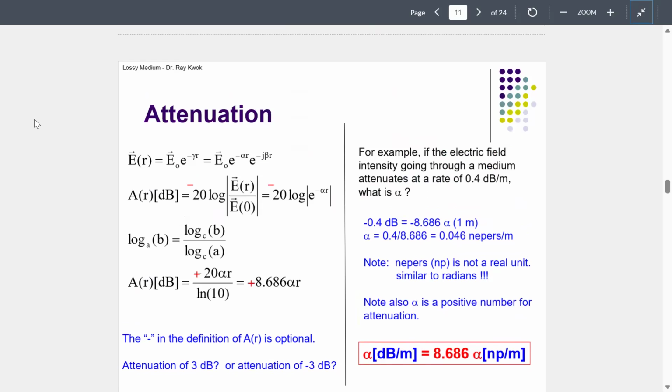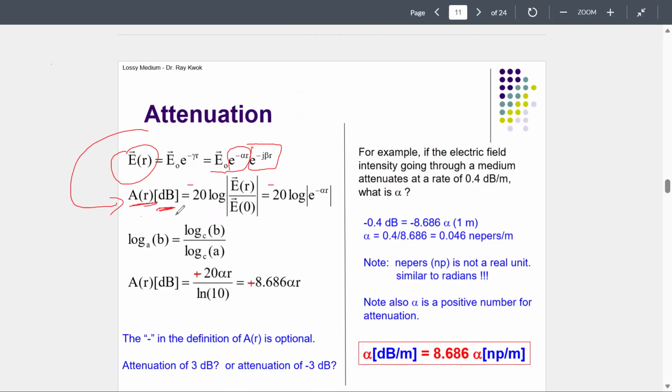Before we do examples, we say the electric field has an attenuation term and then the oscillation term, right? So if I define the attenuation of the wave in dB, what does that mean?